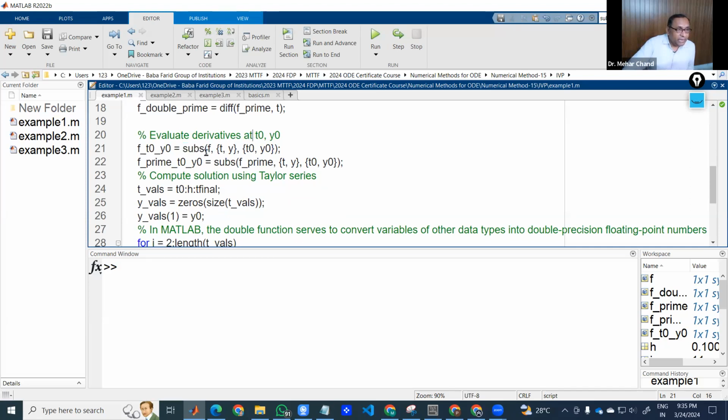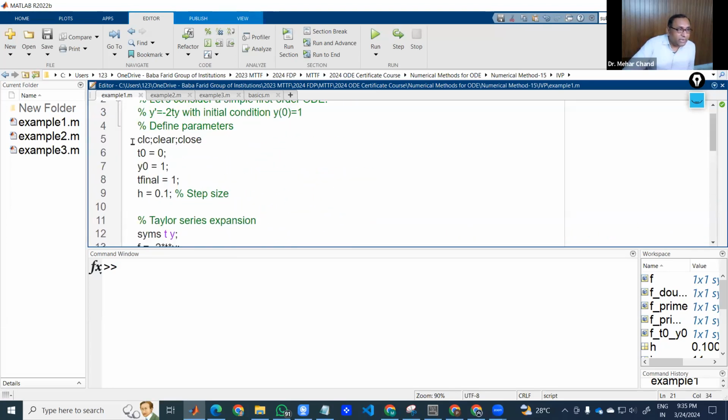See subs, and here is the f function. For t and y, we want to substitute the values of t naught and y naught. But t naught and y naught are given at this place: t naught is equal to 0 and y naught is equal to 1.